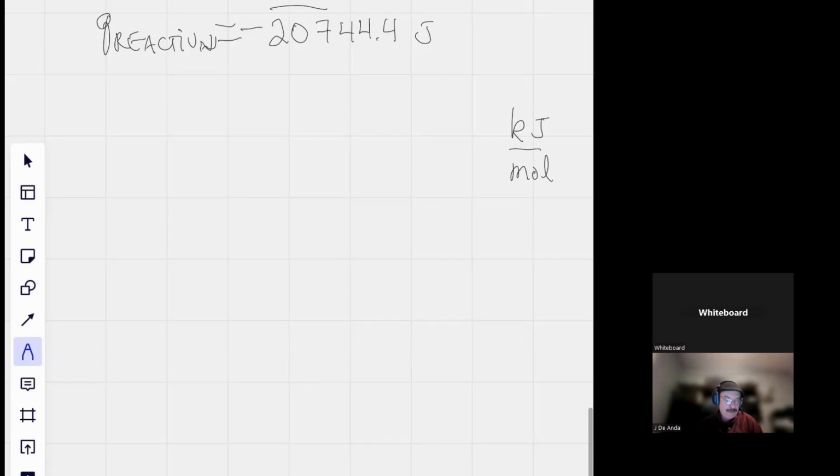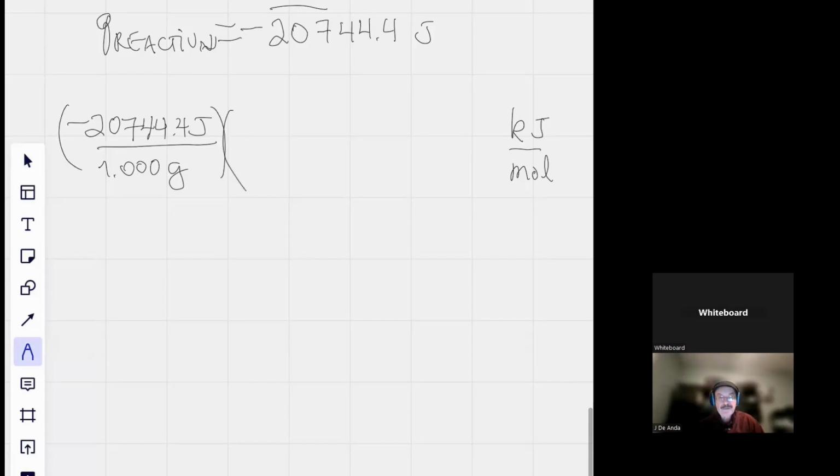Right now, what we have is minus 20,744.4 joules in a sample that was 1.000 grams. So we need to convert, therefore, joules to kilojoules and grams to moles. So let's start with the joules.